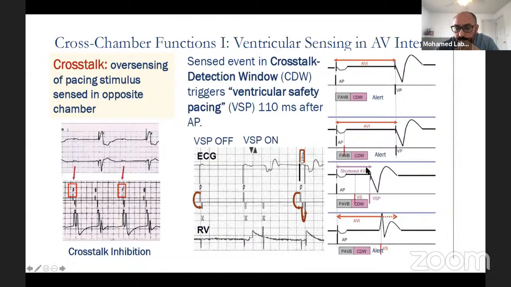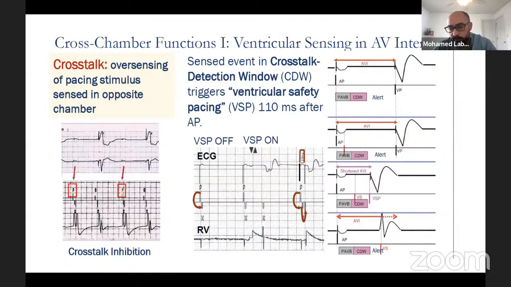Why is this feature an option, or most devices have it nowadays? There is an issue of what we call cross-talking. What does cross-talking mean? Cross-talking means you pace in a chamber and you sense in the other chamber. Say, for example, you pace in the A, and for whatever reason, you have a far field signal that's sensed in the V. You don't want that. You pace in the A, and then after a little bit of delay, you sense in the V falsely, far field, and the device thinks it sensed an event in the V, which is not correct, and you inhibit incorrectly.